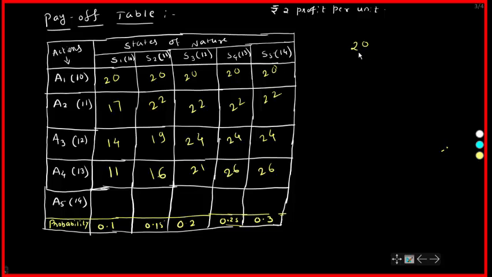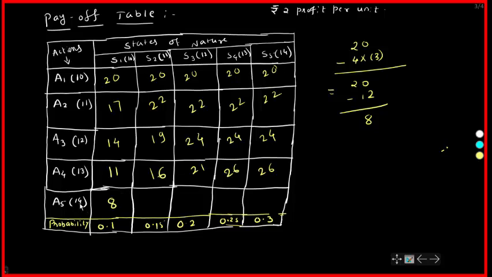So 20 minus 4 into 3, each newspaper costing rupees 3. So this is equal to 20 minus 12, which is 8.